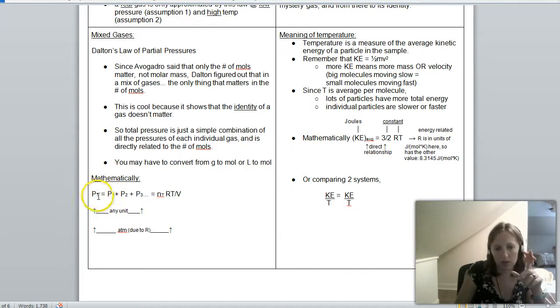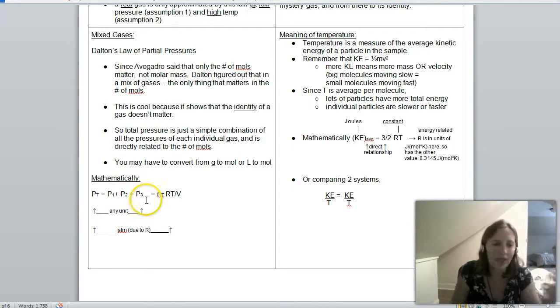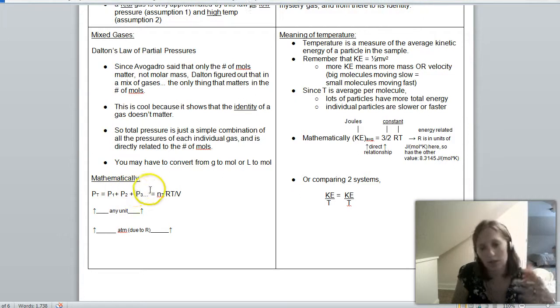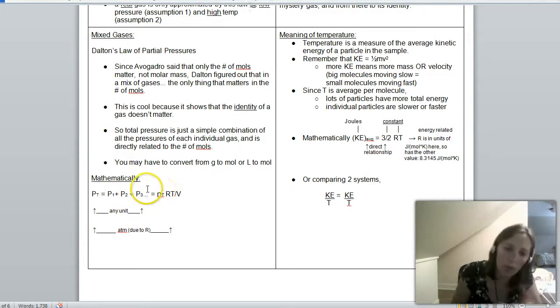P sub T, which is the total pressure, equals pressure 1 plus pressure 2 plus pressure 3, and then you have the ellipsis, because you might have a mixture of many different gases, carbon dioxide, carbon monoxide, nitrogen dioxide, dinitrogen monoxide, oxygen, and fluorine. It could go on and on. So however many gases there are, you add up all their pressures, and that gives you the total pressure.